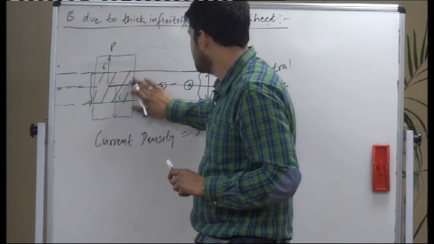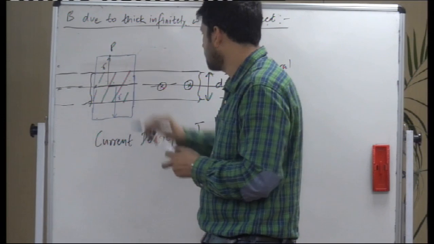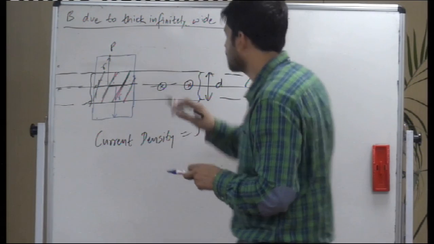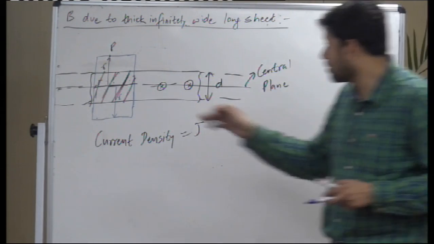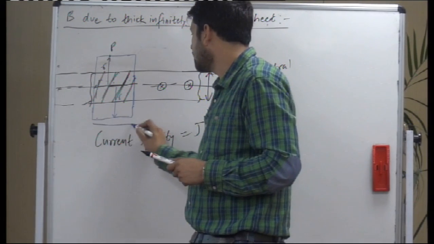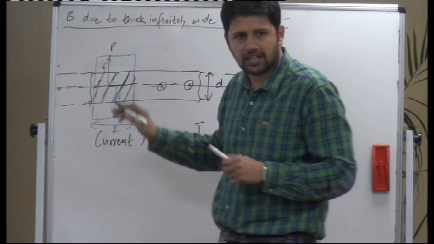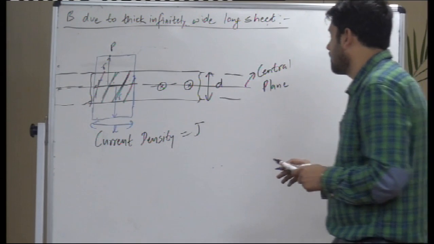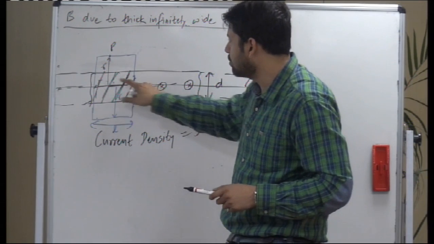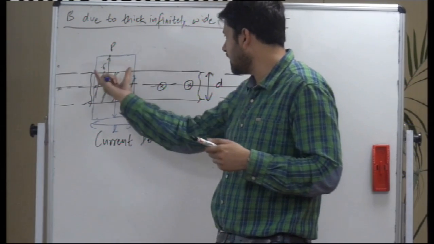Any current passing through the loop goes through this shaded area. Let the Amperian loop have length L. The width would be 2r, length L, width 2r. Now here the current would go through a rectangle whose length is L and width is d.